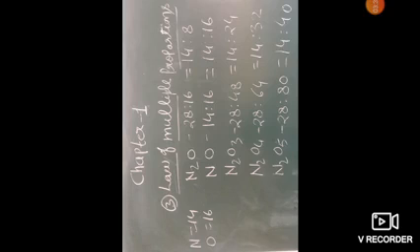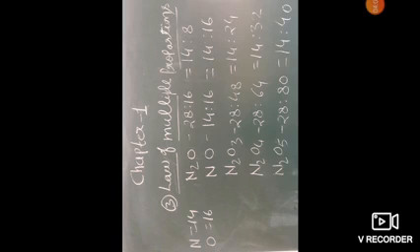Let us first note that the mass of nitrogen is 14 and the mass of oxygen is 16. The first oxide is N2O. The ratio of nitrogen and oxygen is: for 2 moles of nitrogen, N2, we take 28 gram, and the oxygen is 16. Converting it into simplest form, we get 14:8.